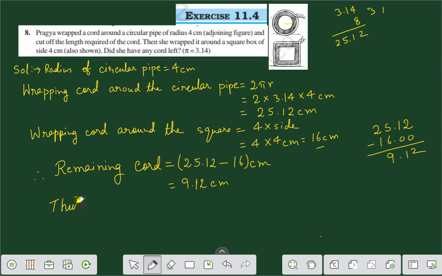Thus she has 9.12 centimeter of cord left.